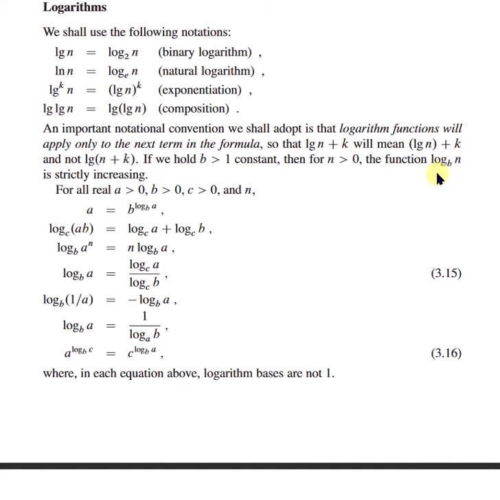What it means is, for example, log of 9 to the base 3 is equal to 2, but log of 27 to the base 3 is 3. So when n is increasing, the output is increasing for all real.